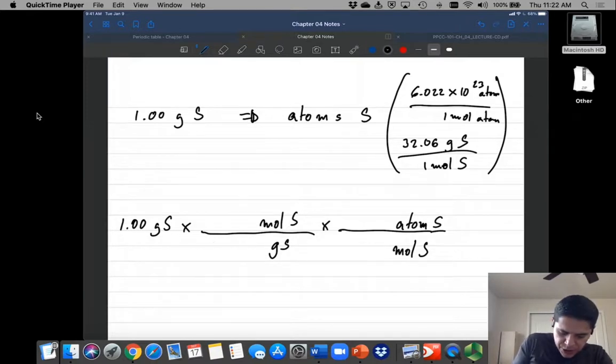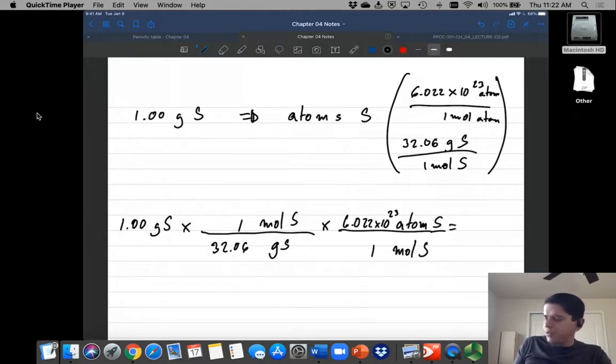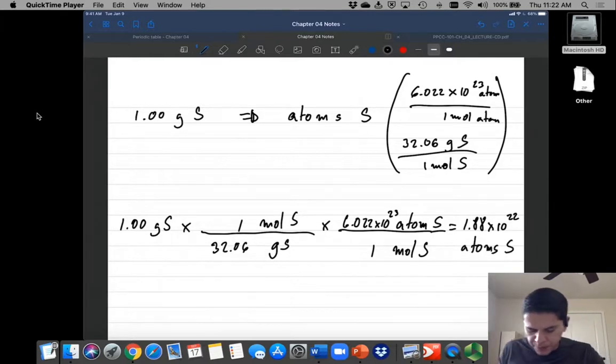So the 32.06 goes with the grams, and the 6.022 times 10 to the power of 23 goes with the moles, okay? And ultimately, this gives us 1.88 times 10 to the power of 22 atoms of sulfur.